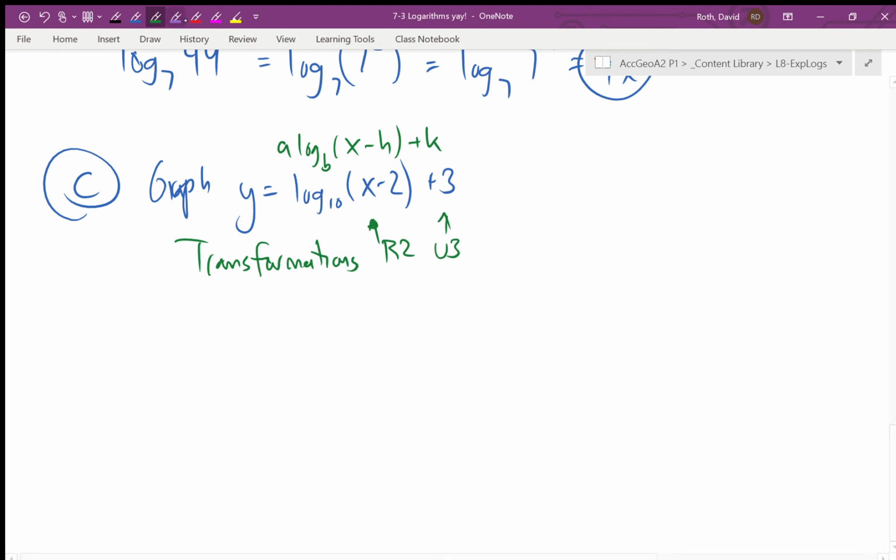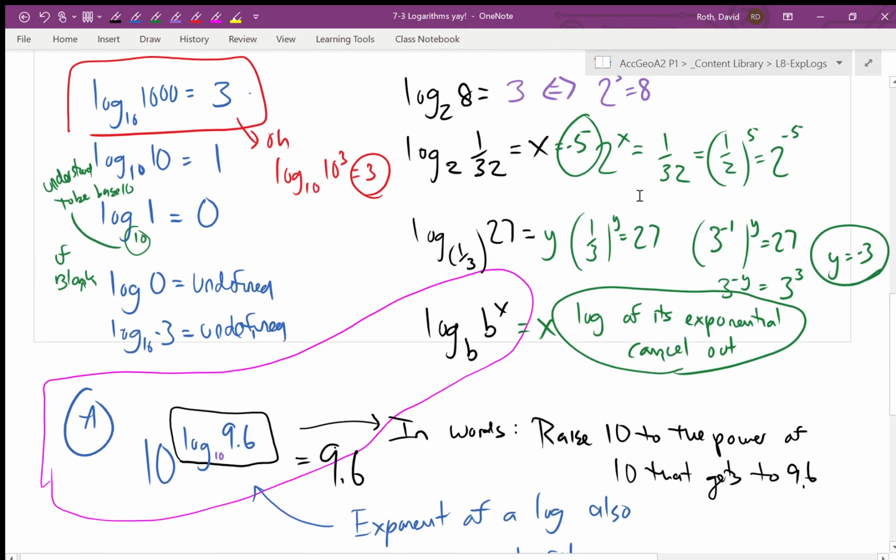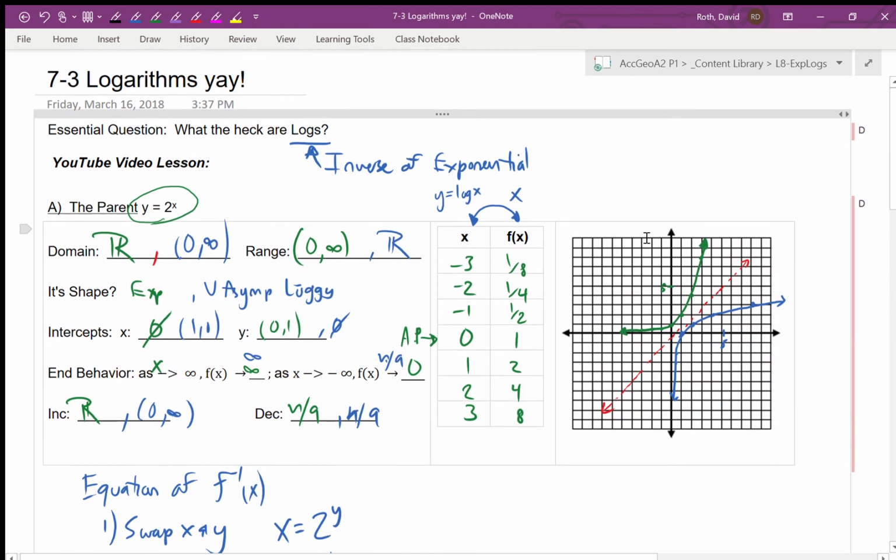So what was our parent function? Let's go back up here and look. Remember how the parent function looks, the blue function is like my parent log function, and it looks a lot like the parent exponential function. Instead of a horizontal asymptote, it has a vertical asymptote at the axis. Instead of going through the point 0, 1, it goes through the point 1, 0.